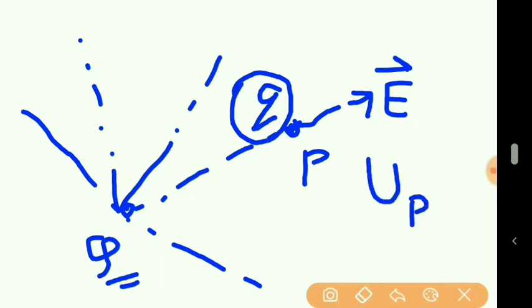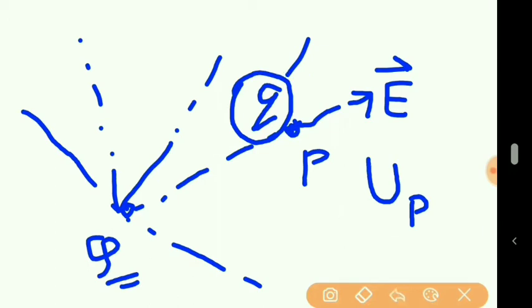So at point P, as there is an electric field, and if I'll put a charge q at this point, then now we can say that this charge q has potential energy at point P, denoted by UP, that we have studied in our earlier topic. So if this charge q is present here, then we can say that there is a potential energy.